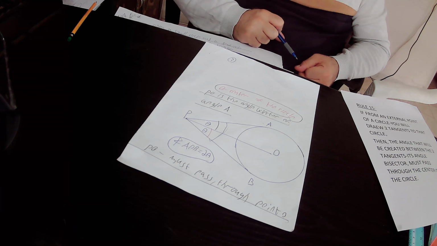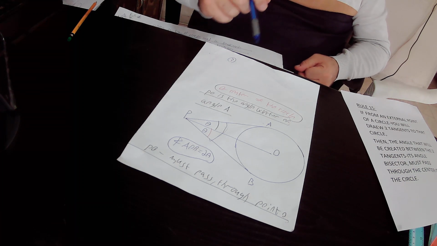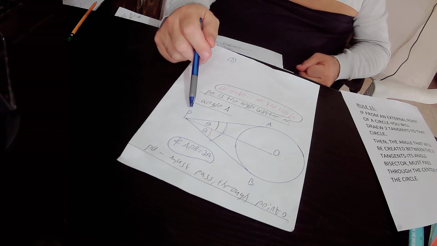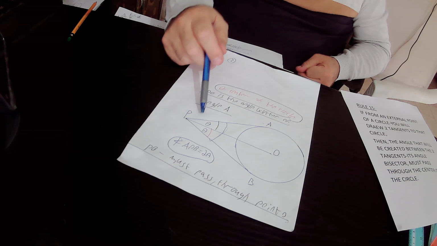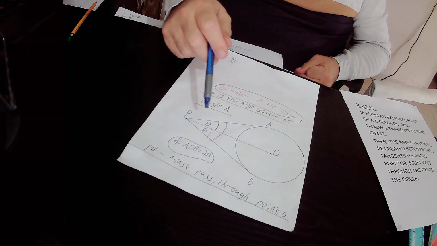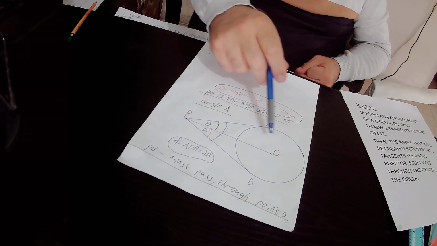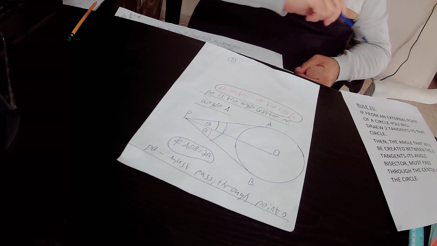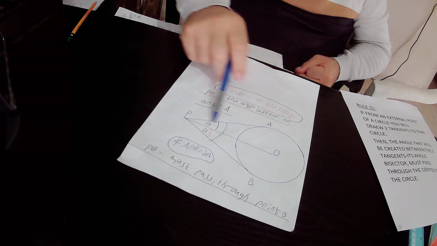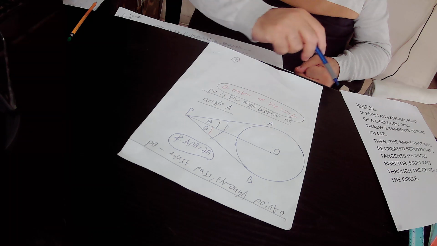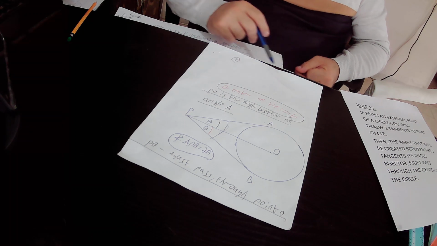So you can say that whenever you draw two tangents from a common external point towards the circle, then the angle bisector of the angle created by the two tangents must pass through point O. You can see here that the angle bisector OP passes through point O, that is the center of this circle.